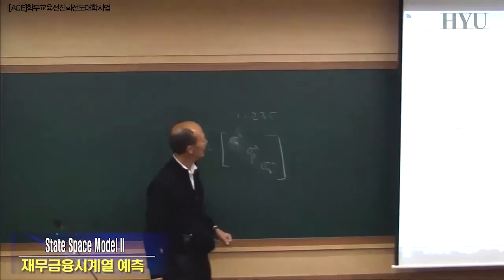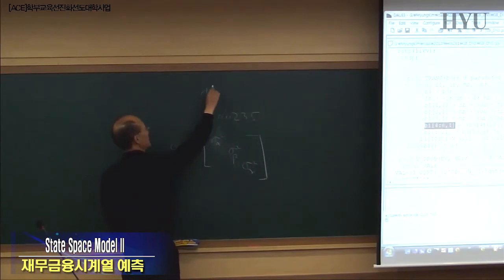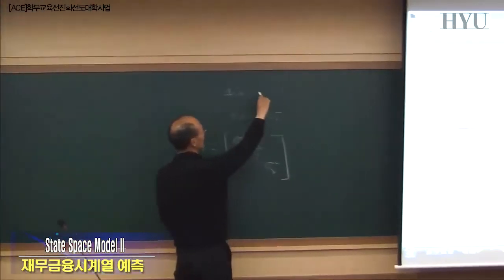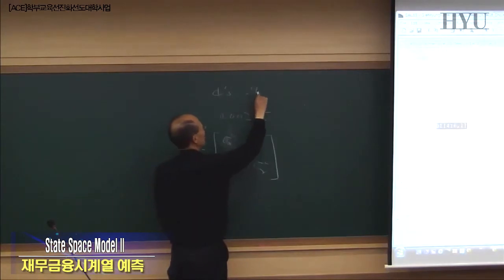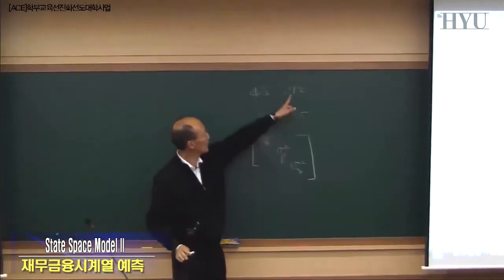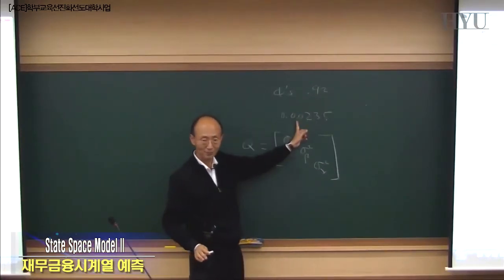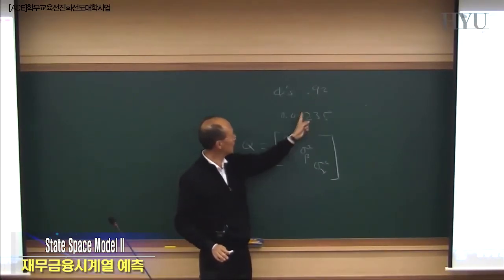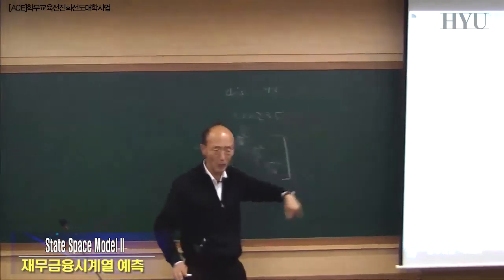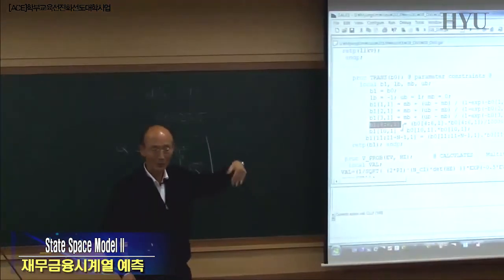And we know that the pi's, the AR1 coefficients, are like 0.92, 0.93, something, right? So the scales are very different. When these scales are very different, then because this is a numerical optimization, this may not work.